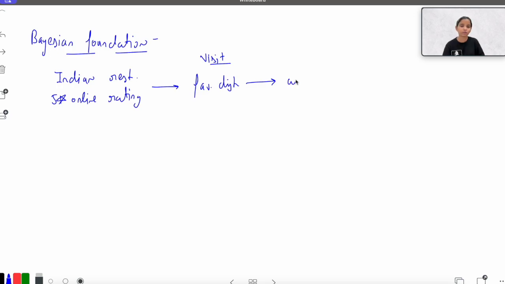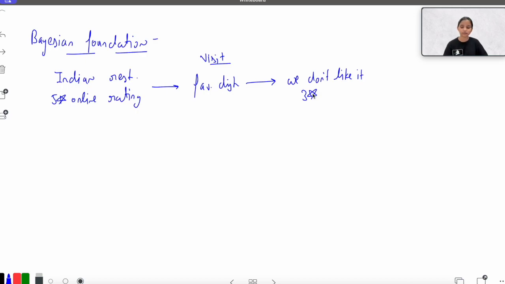We were expecting too much, that it would be a good dish because it's a 5-star restaurant, but it doesn't come out very good. From this, you update your knowledge that it's not a 5-star restaurant, it's a 3-star restaurant, because you don't like your dish.